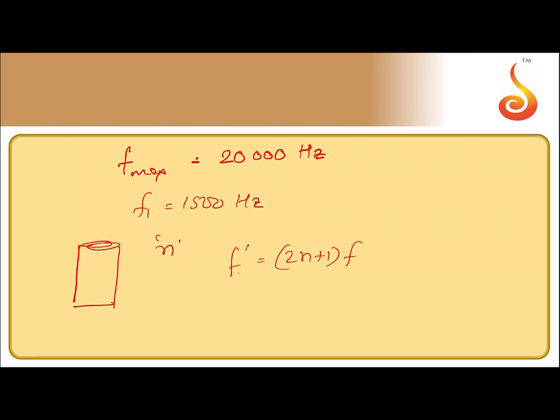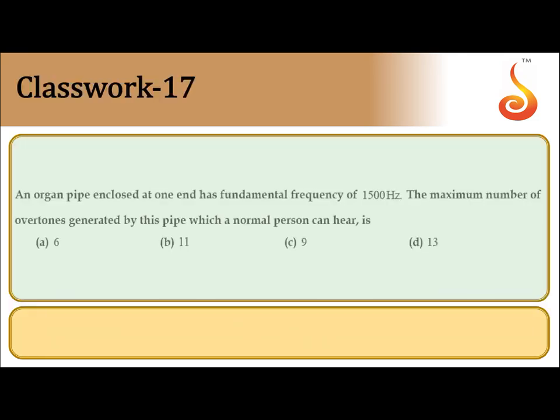So for the maximum number of overtones, 20,000 is equal to 2n plus 1 into f, that is 1500, which gives us n is equal to 6. A is our correct choice.